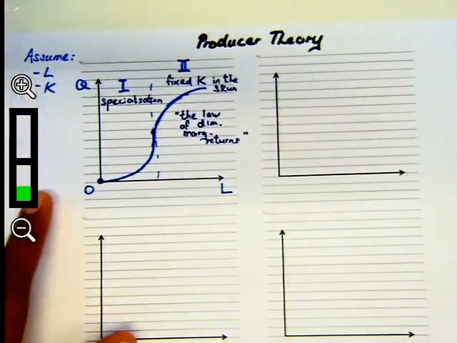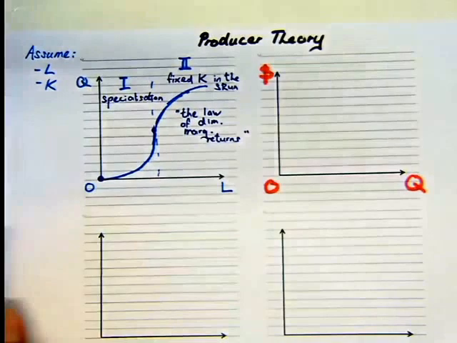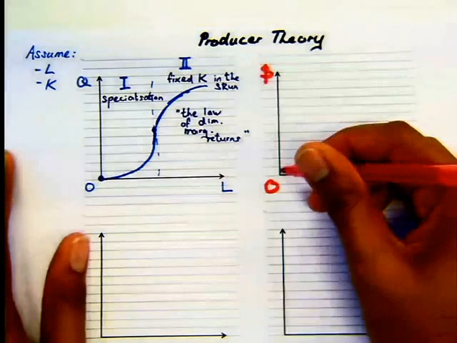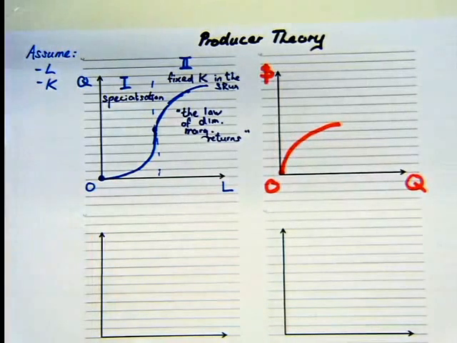Now, the analogy from a cost point of view. If your output is increasing at a fast rate, which is a good thing, then your cost will be increasing quite slowly. So your cost function is actually the opposite.